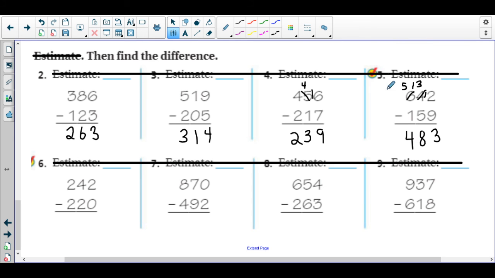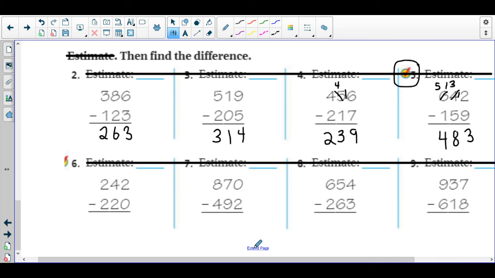That was a tough one. And your clue that it's a tough one is anytime you see these circle with check marks, those are tricky ones. Same one here for number 6. 242 minus 220. All right, 2 minus 0 is 2.